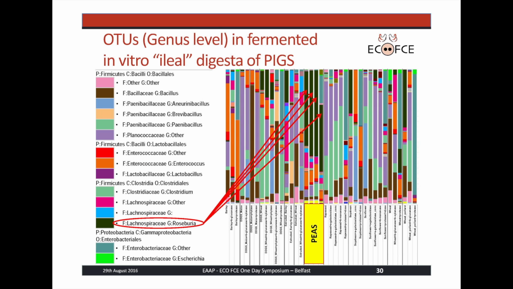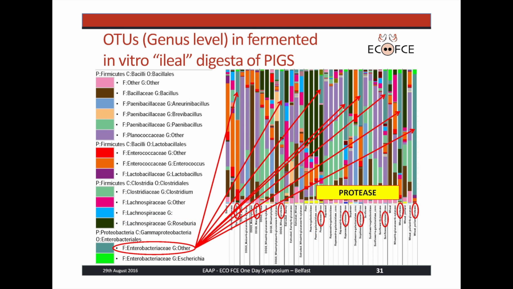For the peas, the treatments with peas, there seems to be also a particular increase of the Erysipelotrichaceae. And as we said earlier on, the protease seems to increase the enterobacteria and the proteobacteria. In here, you can see this quite clearly.